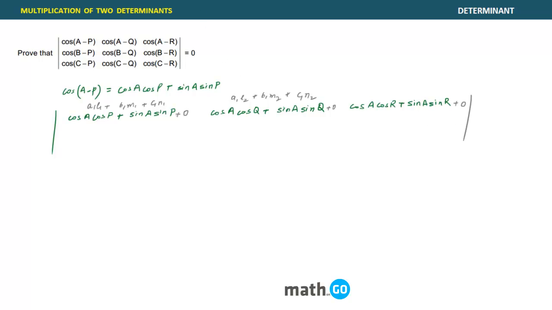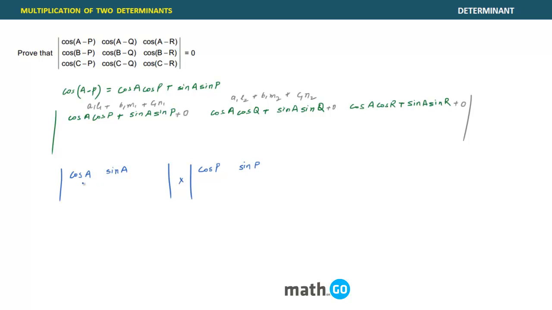Now let's see how I am going to split them. Let's take cos a here. Now you want to multiply this cos a with cos p, so I have written cos p here. Now you want to add sin a multiplied with sin p, which I have written here.